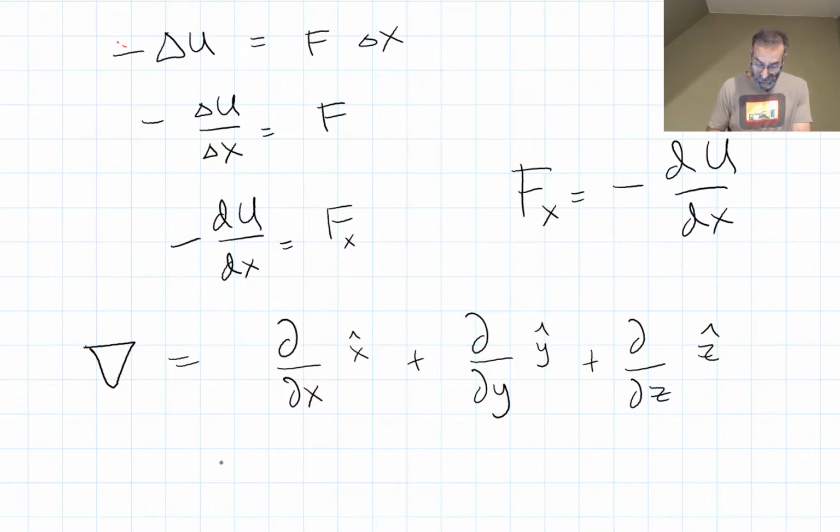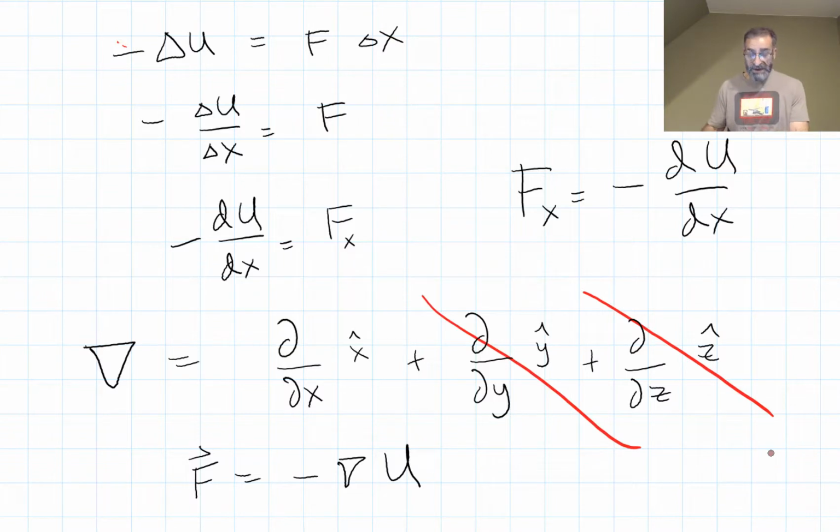So the force is negative del U. We're not going to deal with 3 dimensions. We'll just deal with 1 dimension. And if you haven't seen this operator before, you'll see it in your vector calculus class.